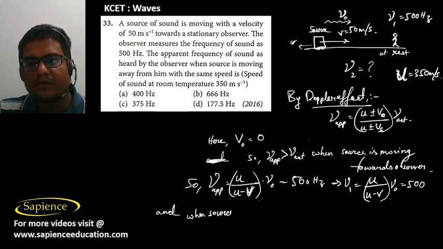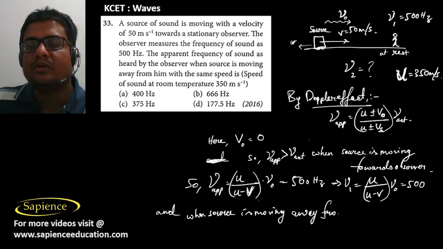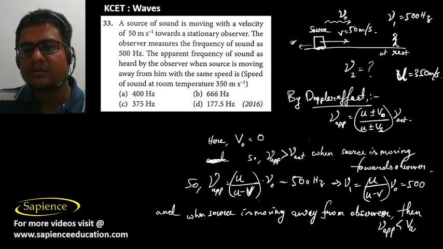And when the source is moving away from the observer, then the frequency will decrease. So the apparent frequency will be less than the actual frequency.